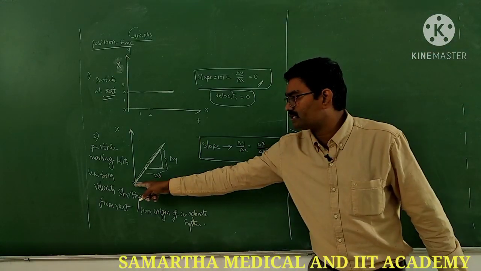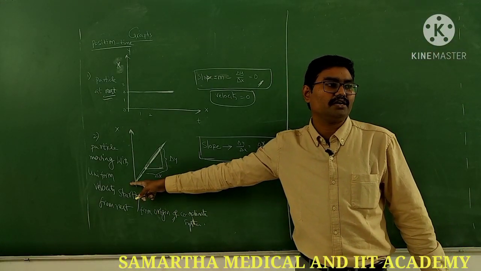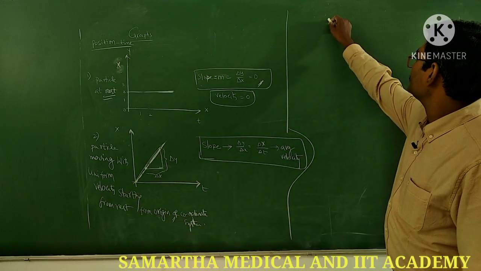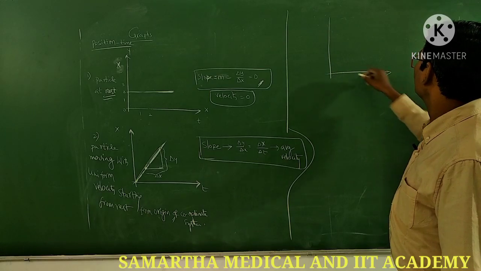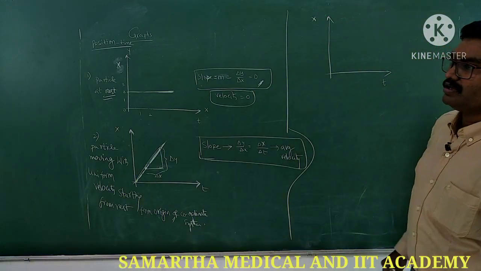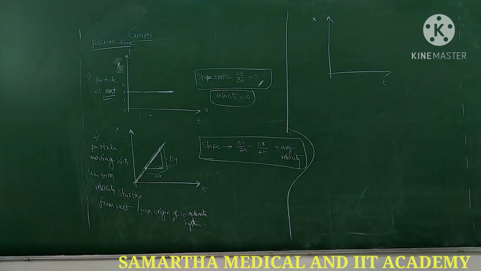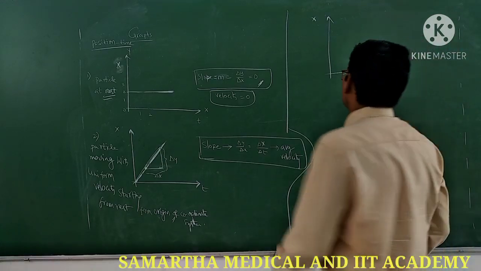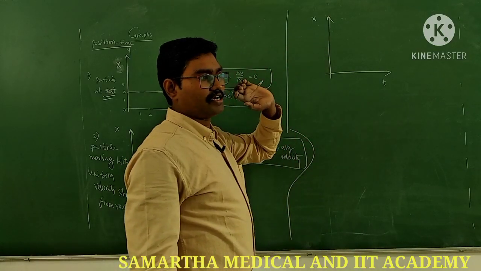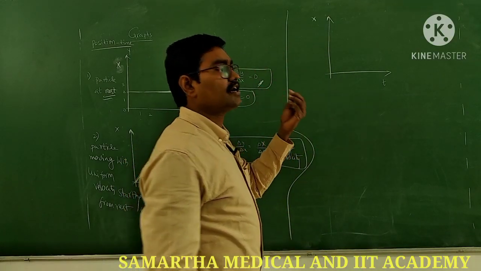Here what does it represent? The initial position from where it started: from the origin. Okay, right, next. Position time graph: particle going with uniform velocity but not started from the origin of the coordinate system. That means it did not start from 0.